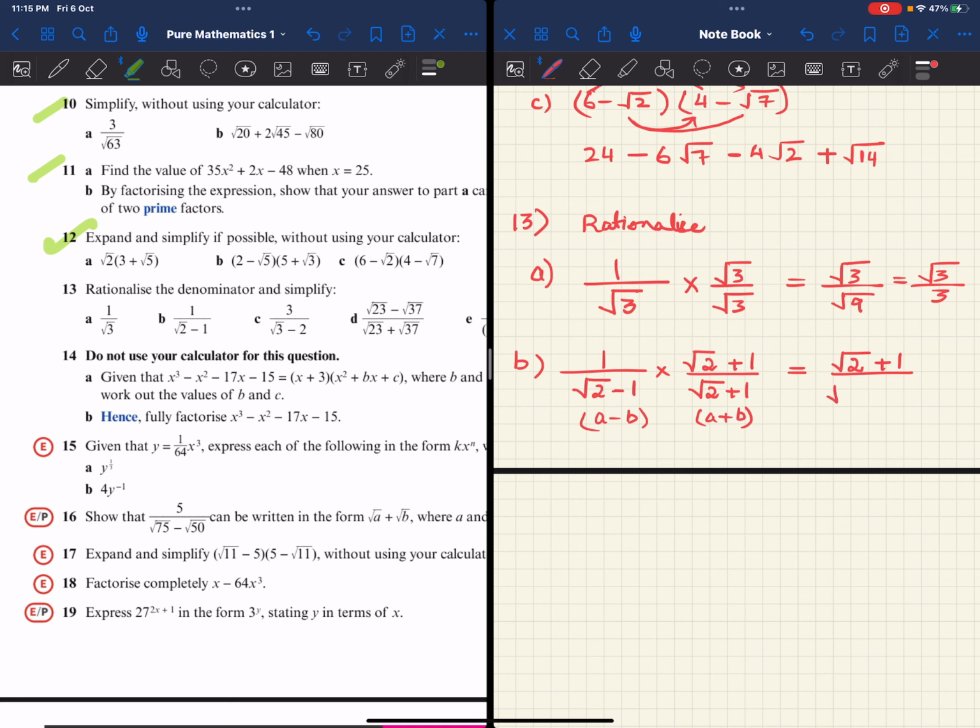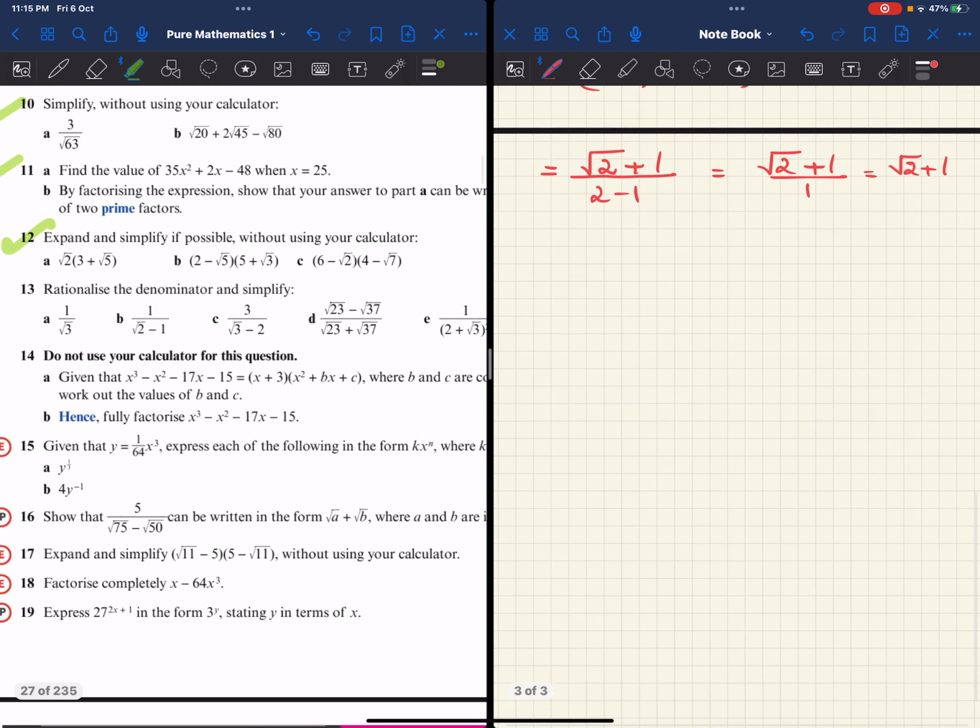So this is a squared, root 2 squared, minus b squared, which is 1 squared. So our final answer will be root 2 plus 1 all divided by 2 minus 1, which is root 2 plus 1 divided by 1, or simply root 2 plus 1. That's the answer for B.